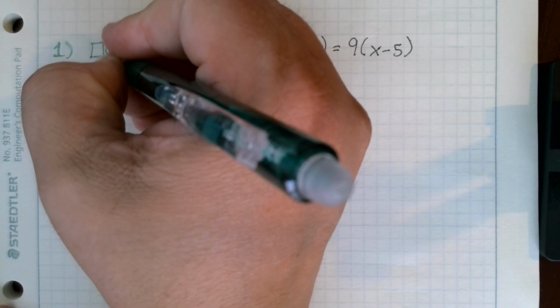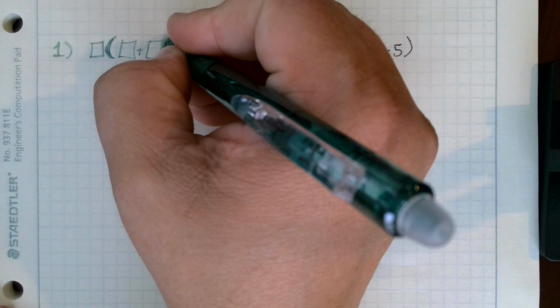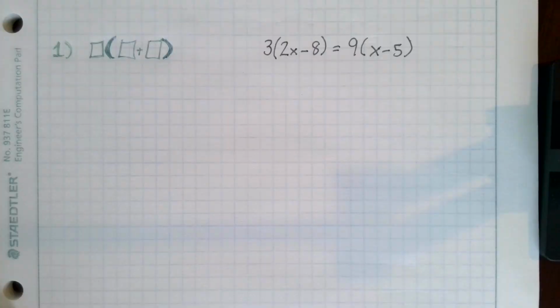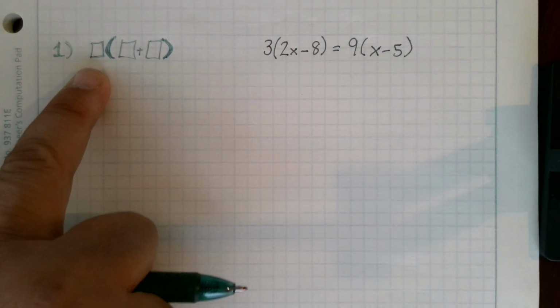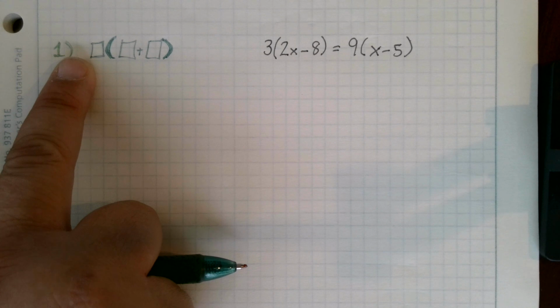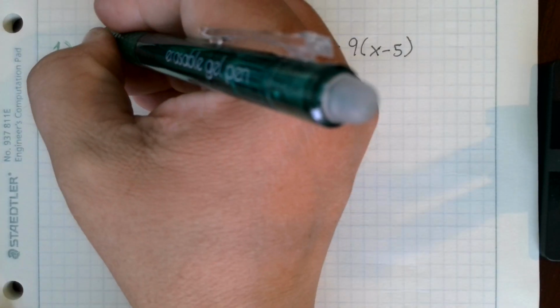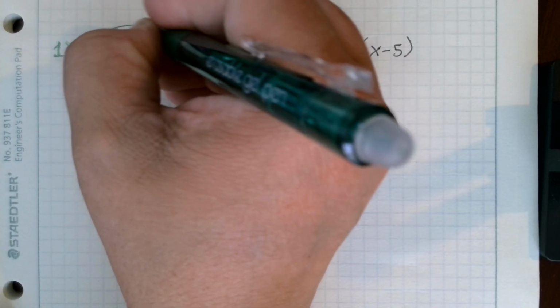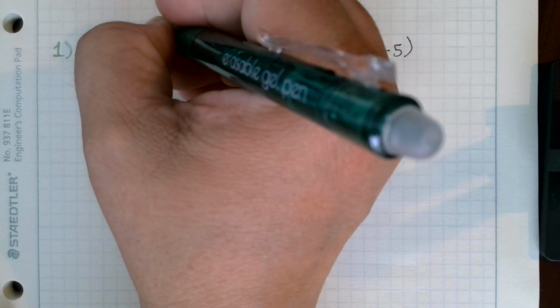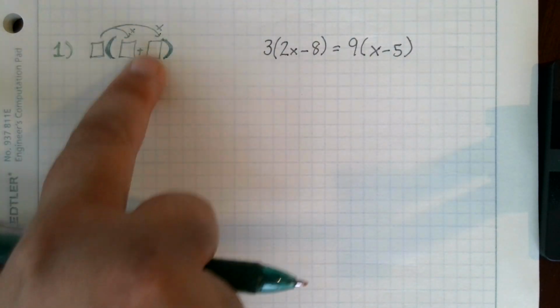See how it's right next door? So you look for this, and if you see a number right in front, then that means you need to distribute. That means you're going to multiply the number in front times each of the numbers inside.